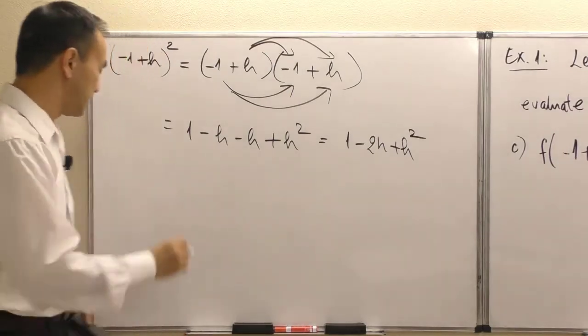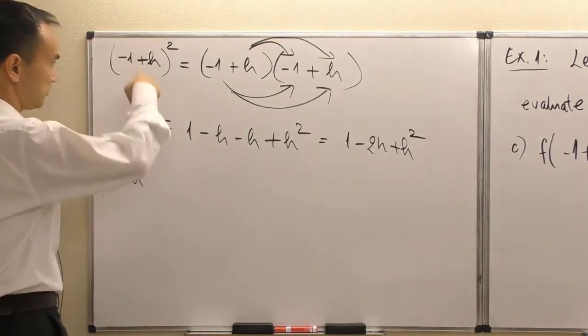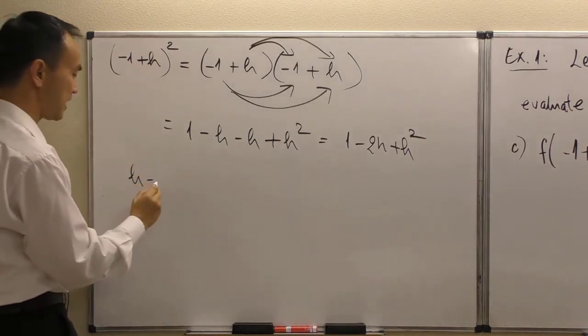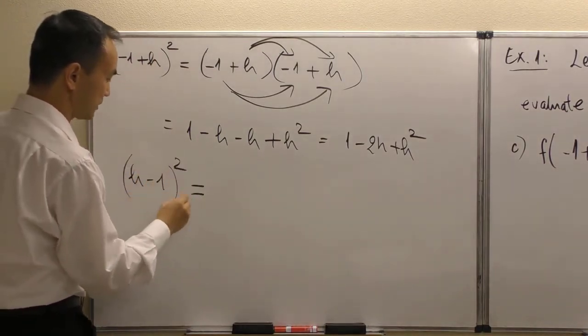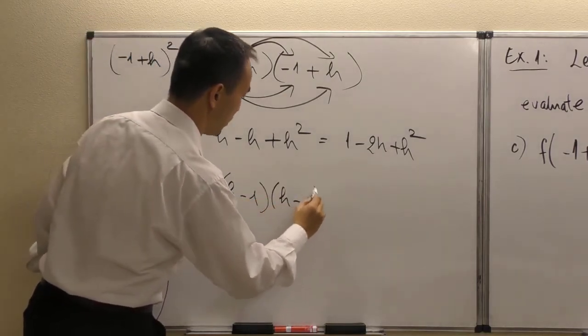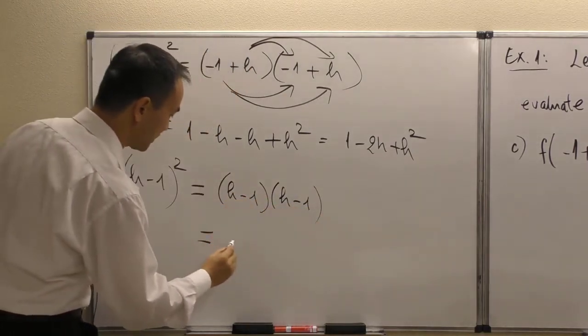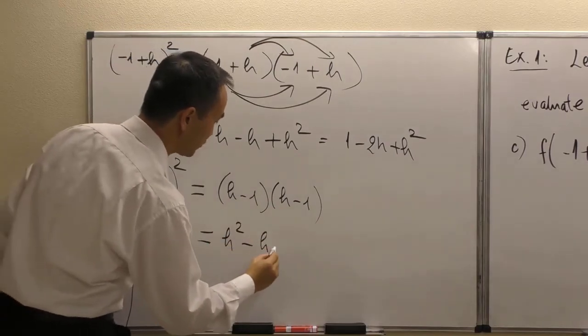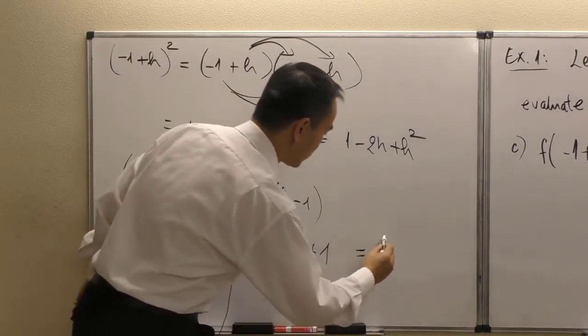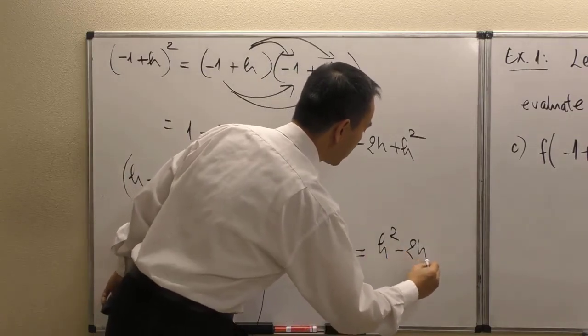Okay, and then notice, for anyone who wanted to view this as h minus 1, you can also see that as h minus 1 times h minus 1, and then your FOIL work will become h squared minus h minus h plus 1, and then it's simplified down to h squared minus 2h plus 1.